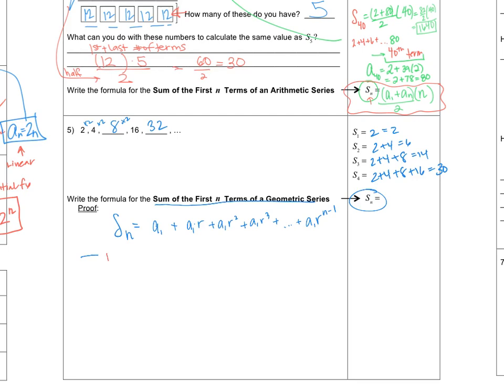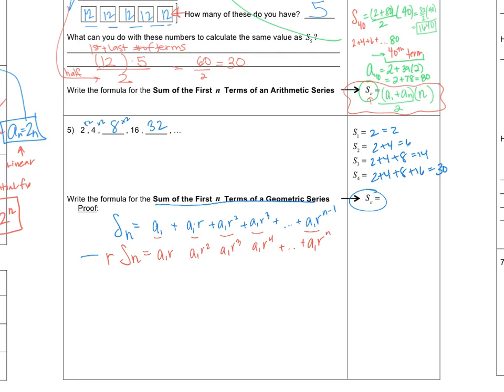And so something kind of interesting is that if we take that sum and then minus r times that sum, let's look at what r times that sum would be. So every single term here would have to multiply by r. So that would be a1r, a1r squared, a1r cubed, a1r to the fourth, and so on, all the way to a1r to the n.